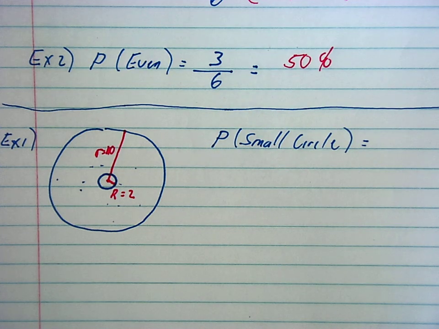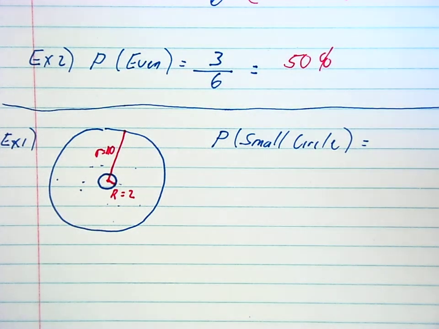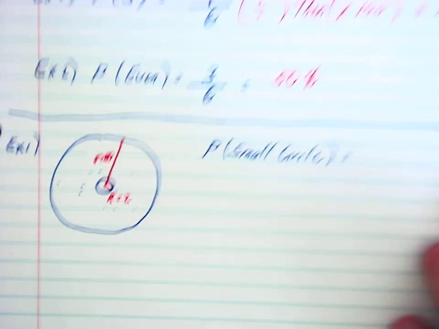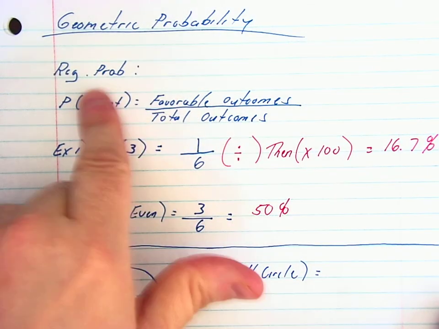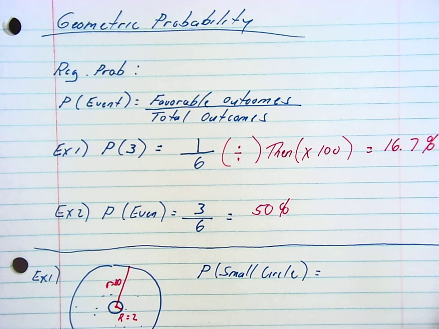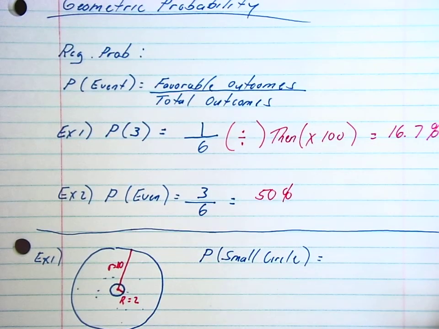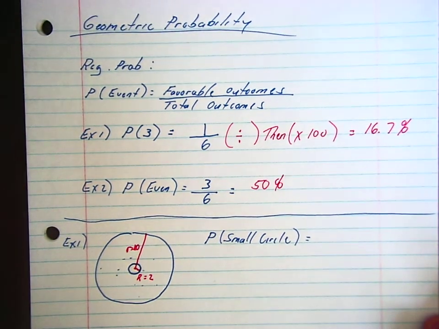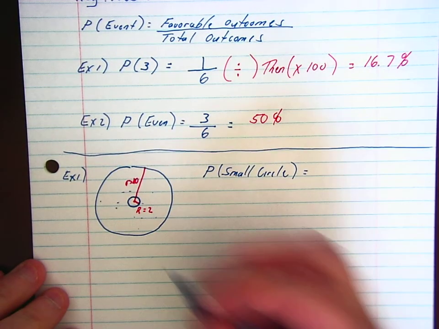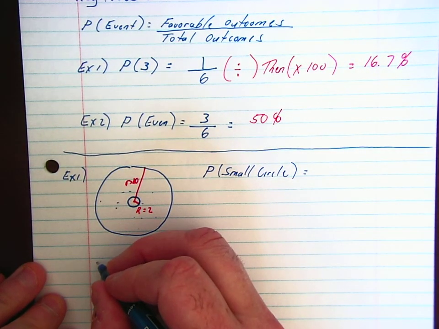Now, we're going to do area instead. So this deal up here with this formula, same idea, except what you're now going to be doing is the area. So here's the actual formula for a geometric probability.